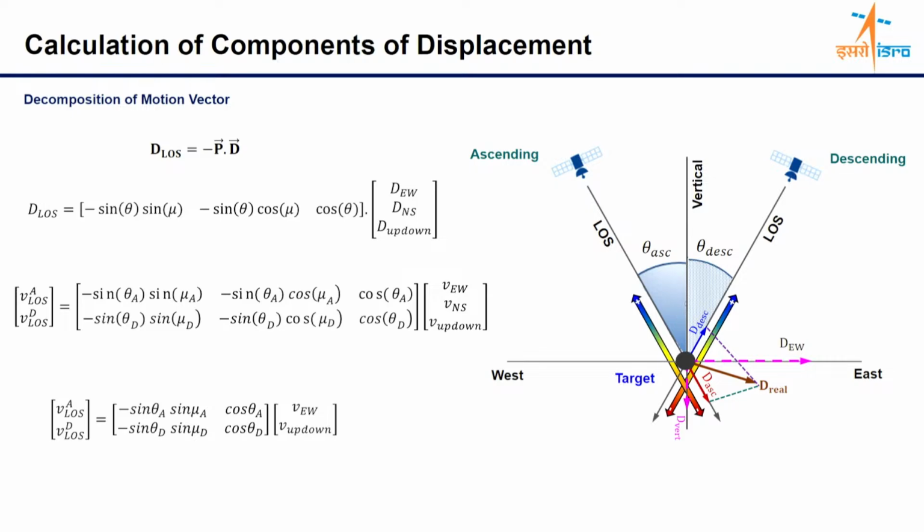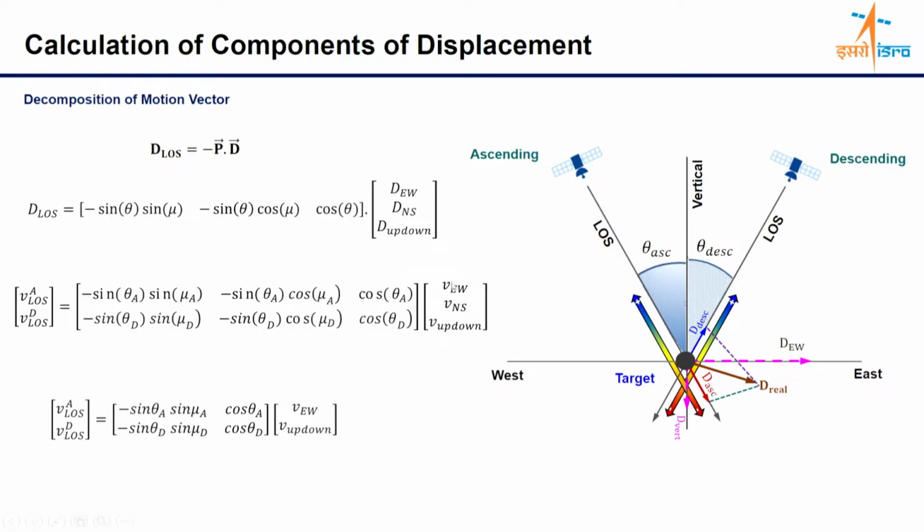Out of these 3 components, we can drop one component, so that 2 components remain and 2 equations are there. Then we can solve uniquely and get a unique value of each component. Okay. So which component are we going to drop?